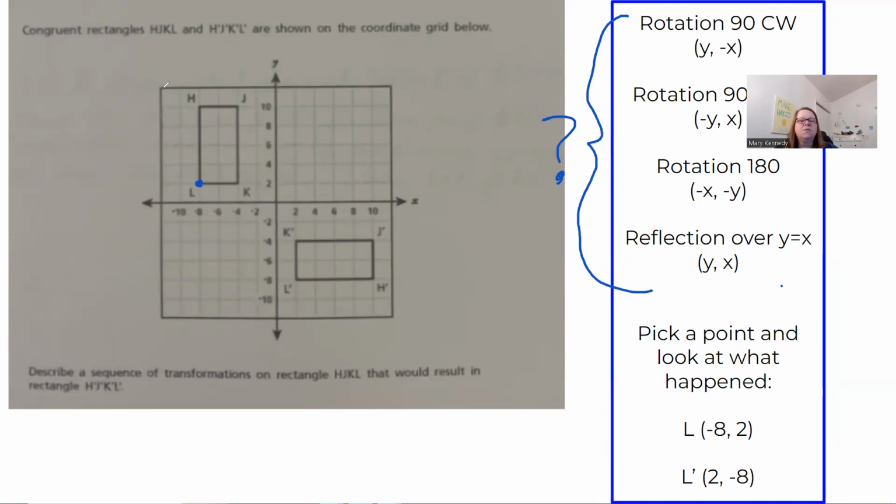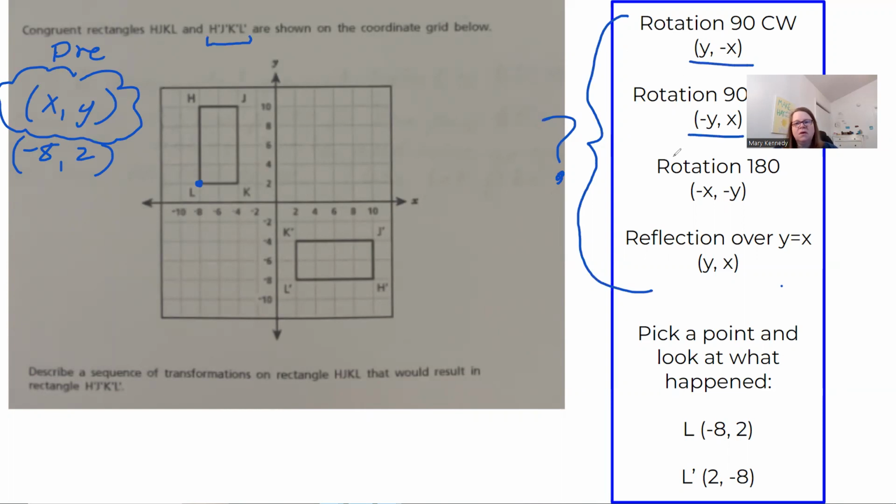And so the pre-image, this is an XY coordinate, -8, 2, right? And so you always start with an XY for your pre-image, and then your image is at some new coordinate, and that's what's listed over here. This is saying we took the original and it's been transformed and now it looks like this.